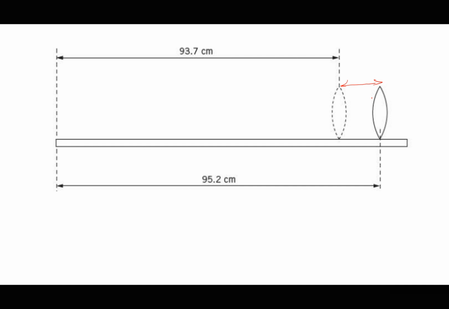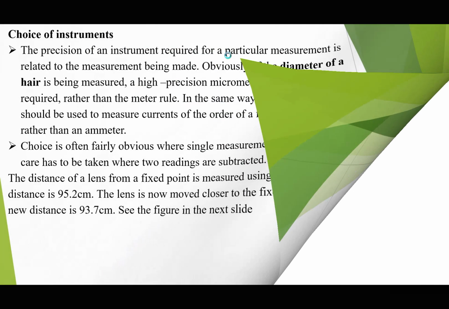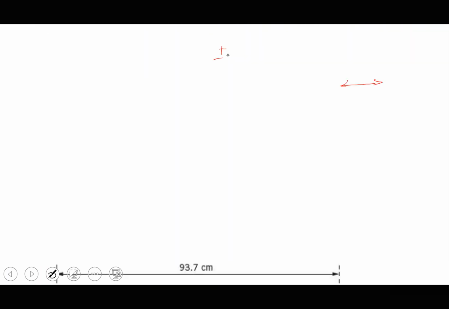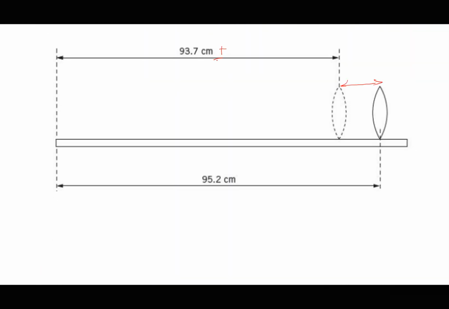But then, how about the uncertainty? Remember, the uncertainty in this is plus or minus. It is a meter ruler, so the uncertainty could be plus or minus 0.1 centimeters.